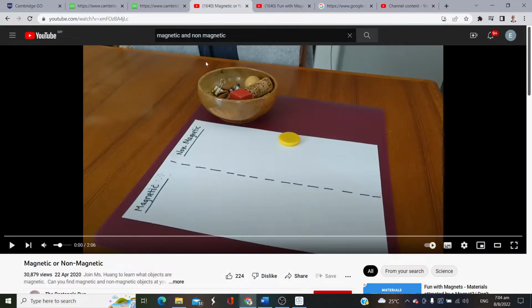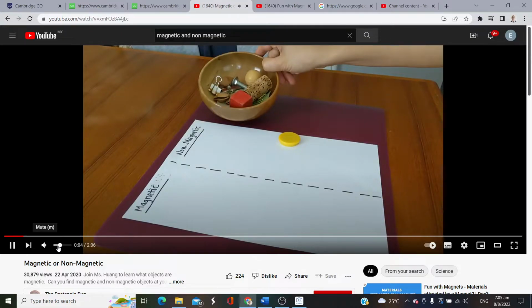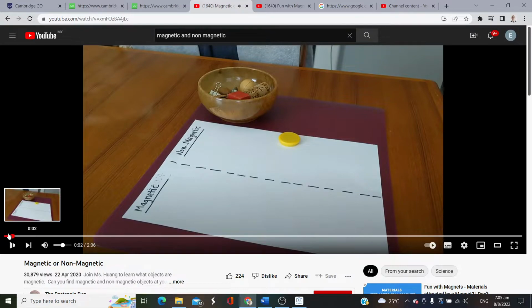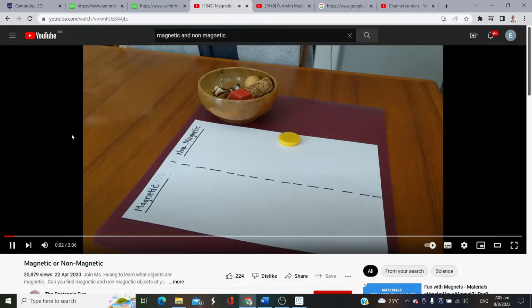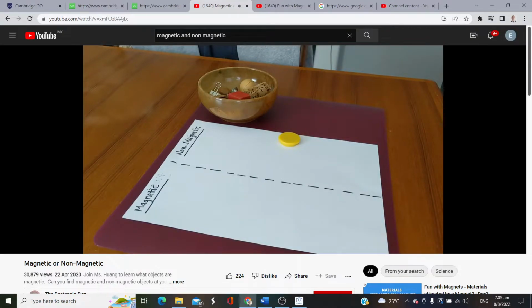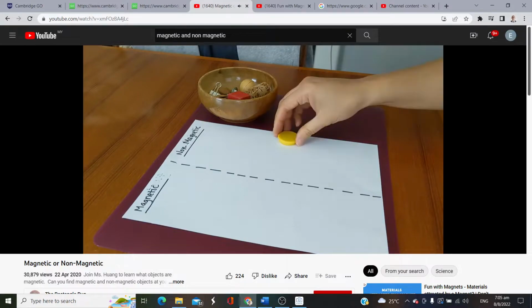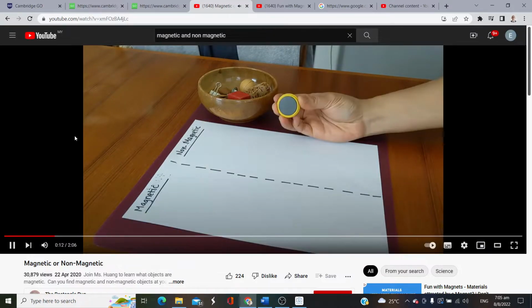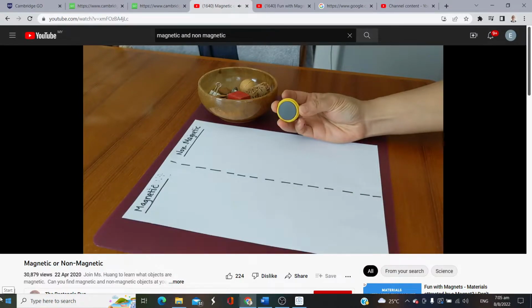This is how you will write in your exercise book. This is magnetic, non-magnetic. I went around my house and found a bunch of objects and I want to test them out to see if they're magnetic or non-magnetic, which means they're either attracted by this magnet, which I got from our refrigerator, or not. They'll either stick or they won't stick.